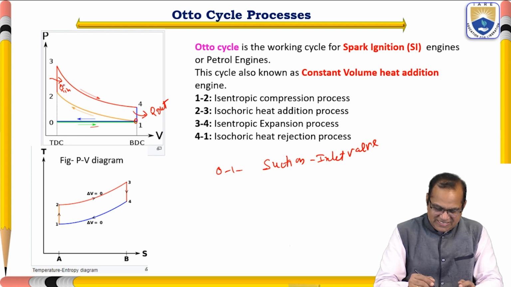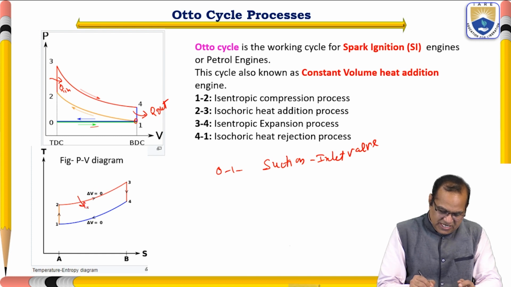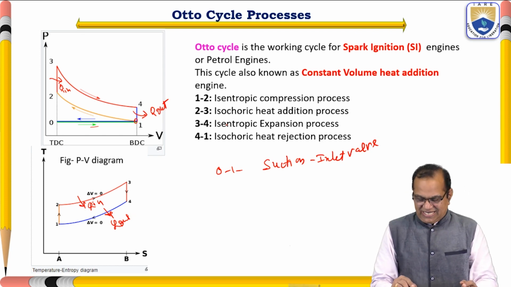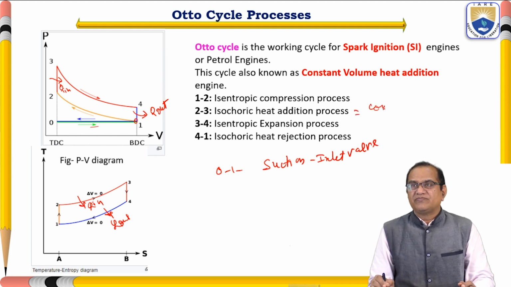2 to 3 is a heat addition. And in this, volume is constant, Q is added and here Q is out. So 2 to 3 is isochoric heat addition, means it is at constant volume. Constant volume heat is added.